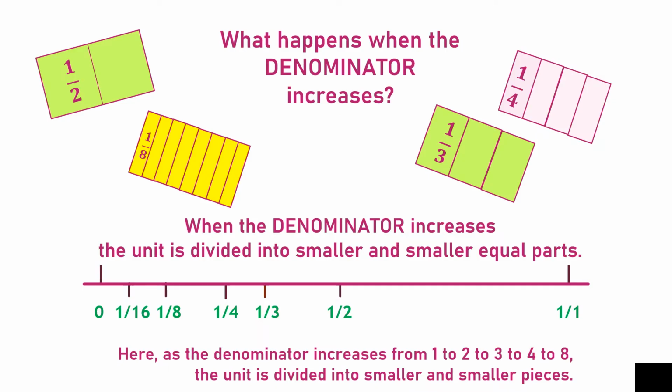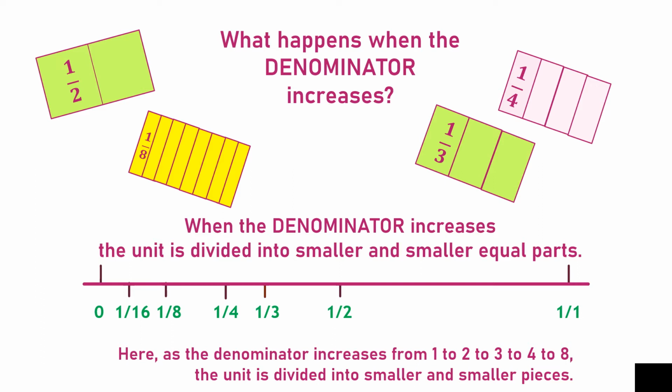Let's look at the number at the bottom of a fraction, the denominator. The denominator tells us how many equal parts divide a unit. And what happens when the denominator increases? When the denominator increases, it means that the unit is divided into more equal parts. And if we divide a unit into more parts, these parts have to be smaller.